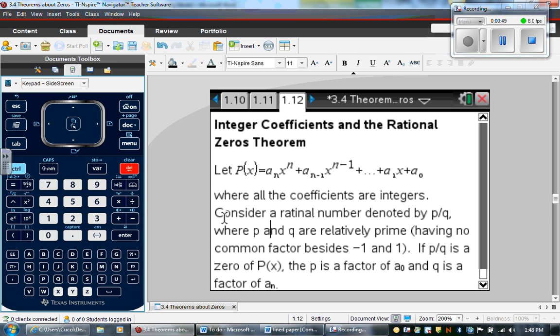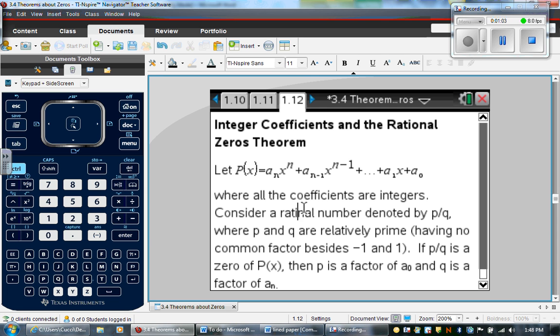If p divided by q is a zero of P of x, then p is a factor of a sub 0, and q is a factor of a sub n. I know that's a lot to understand, but we're going to go through and see how this works.